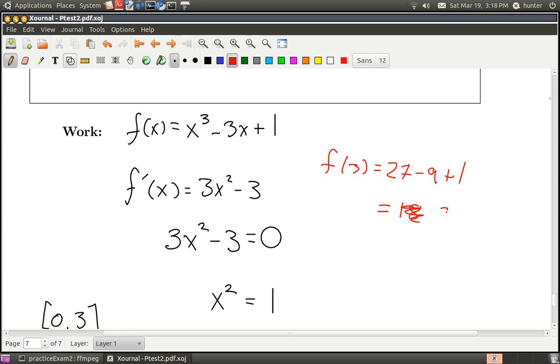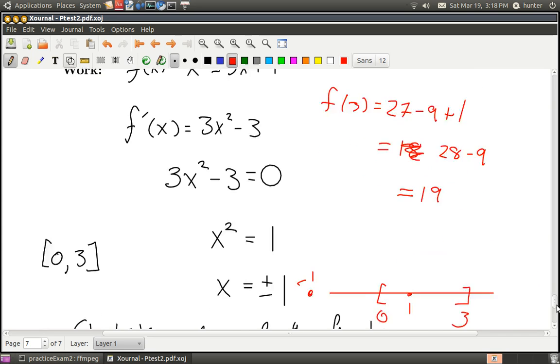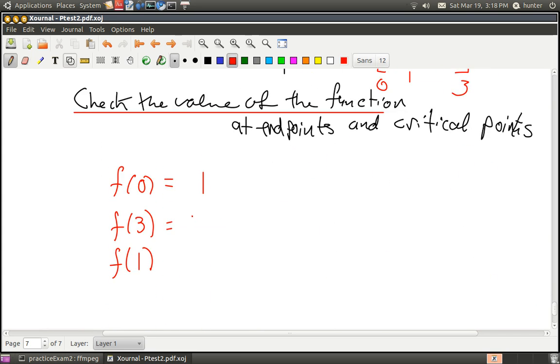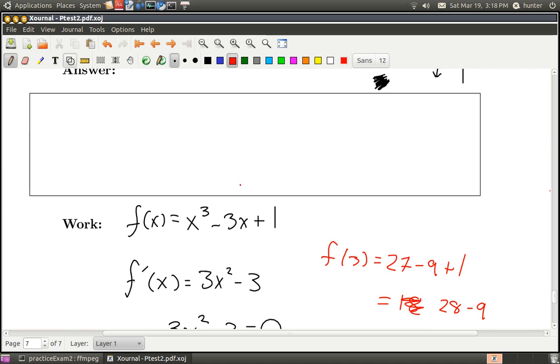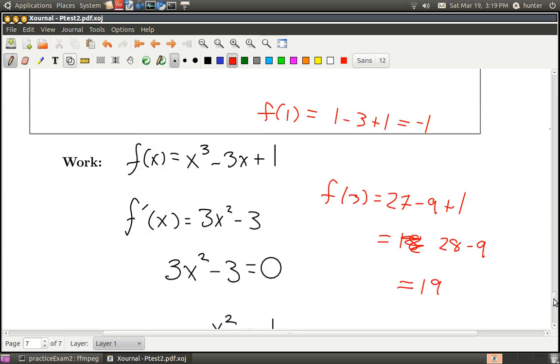It's going to be 28 minus 9, and that is 19. Okay, so this is 19. Now let's check what happens at 1. That one should be easy. You plug in 1, f of 1, you get 1 minus 3 plus 1, and that is minus 1.